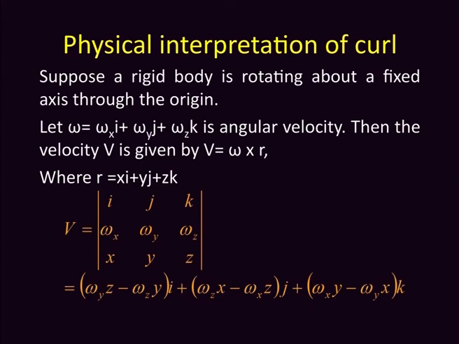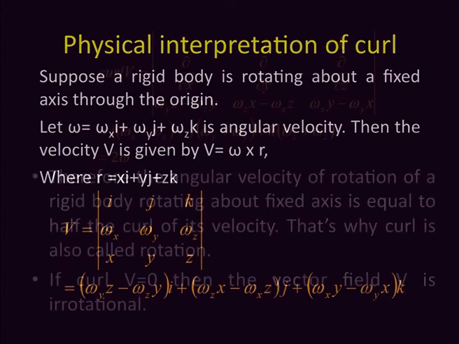Here v is equal to the determinant value i j k, omega x, omega y, omega z, and in the third row x y z, that is equal to omega y z minus omega z y i plus omega z x minus omega x z j plus omega x y minus omega y x k.